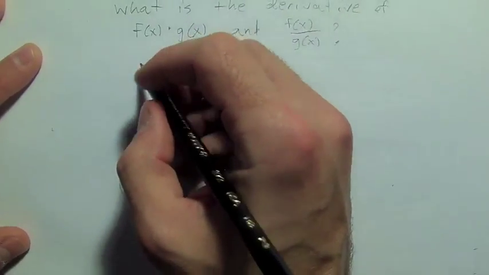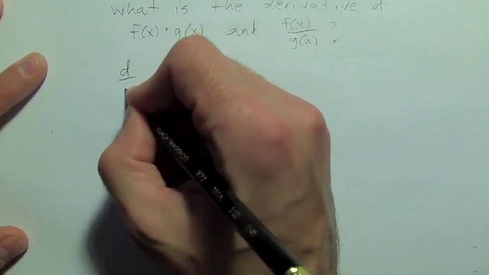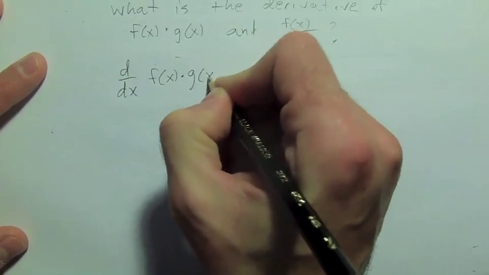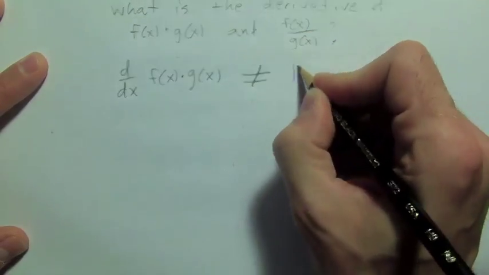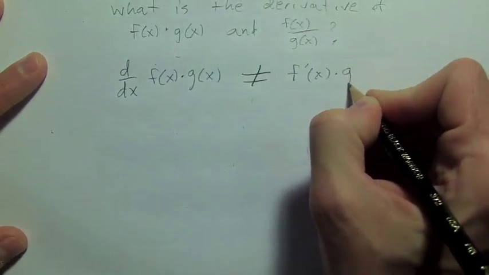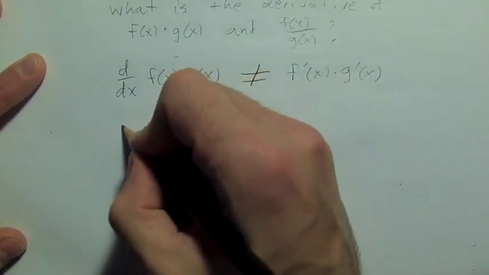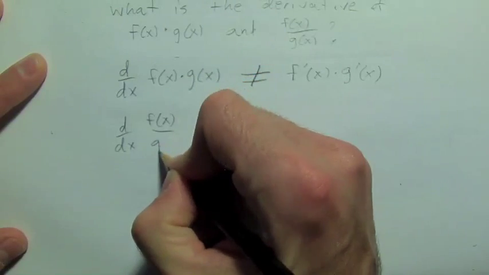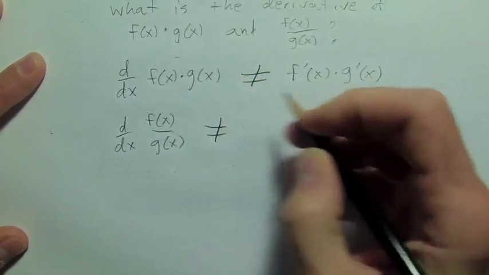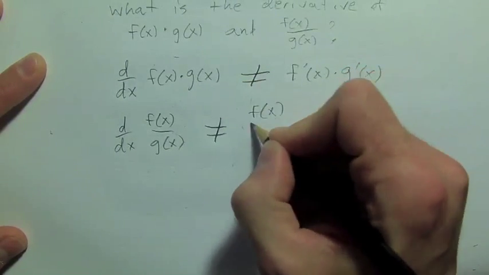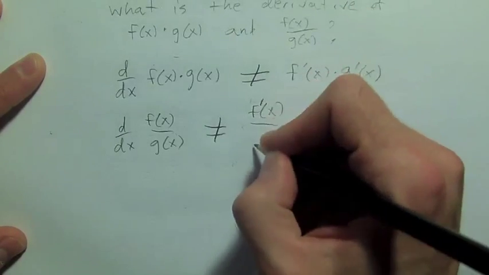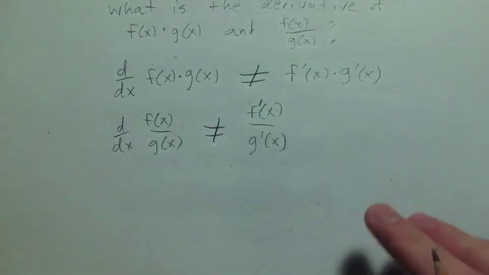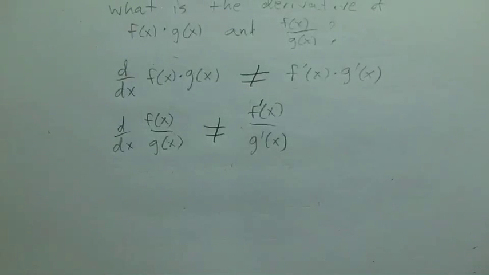I will tell you that the derivative with respect to x of f of x times g of x is not f prime of x times g prime of x. And the derivative with respect to x of f of x over g of x is not f prime of x over g prime of x. It's definitely not.